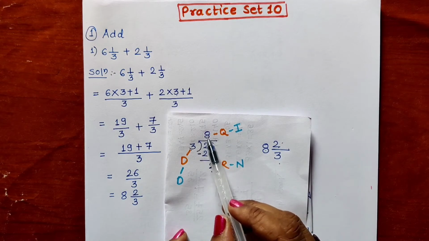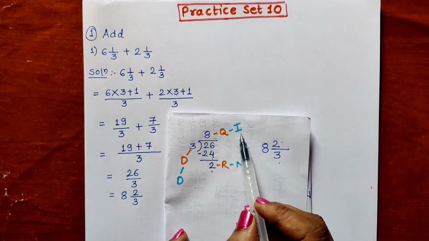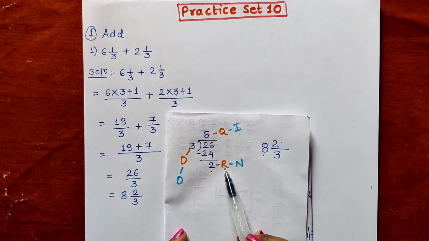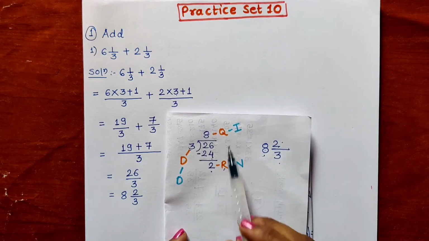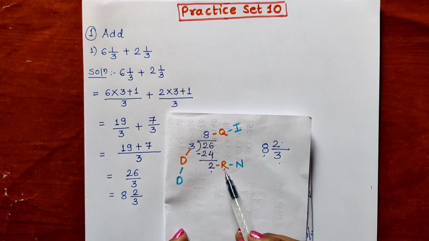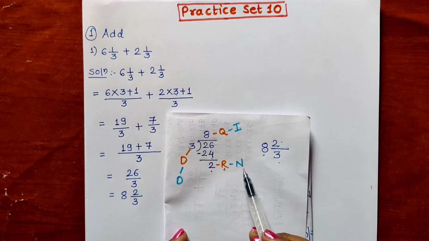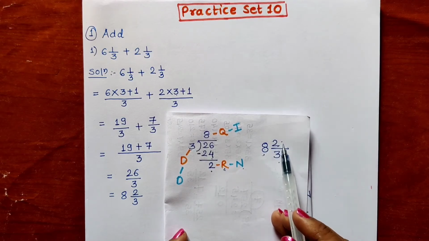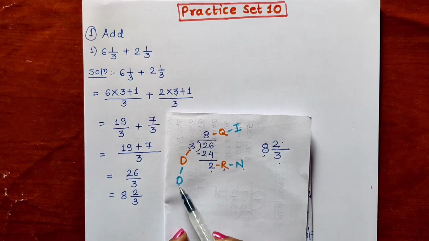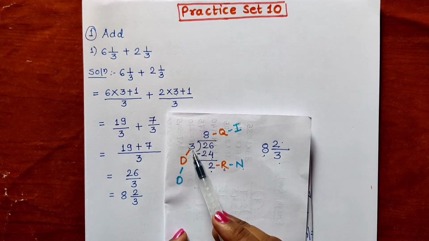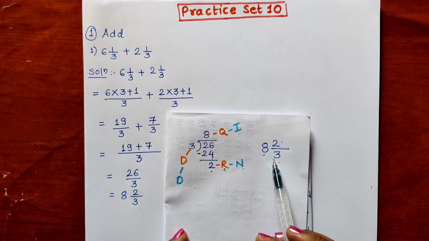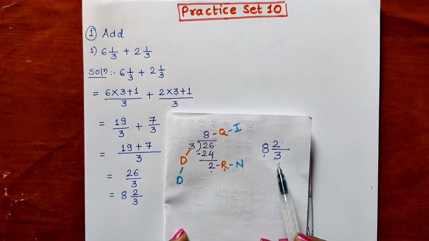Now see children, this 8 is the quotient. Quotient we have to take as the integer. Then 2 is the remainder. R for remainder, Q for quotient I have written. Remainder we have to take as the numerator, so 2 is written as the numerator. 3 is the divisor, and divisor we have to take as the denominator. So we write 3 like this.